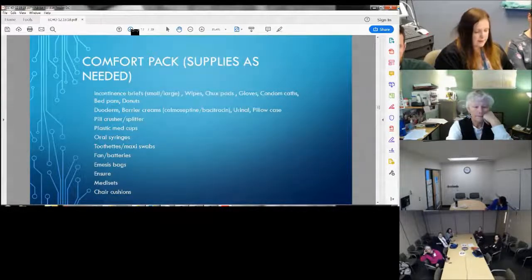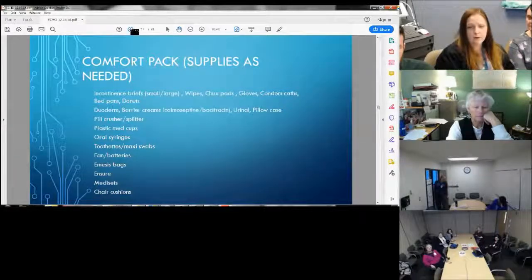So making sure that they have stuff for incontinence and enough to supply until they're able to get their next order. And again, with these supplies, it's really important to communicate back to the regional hub that they're going to need these supplies, because in general, it can take a week to a couple weeks to get these.